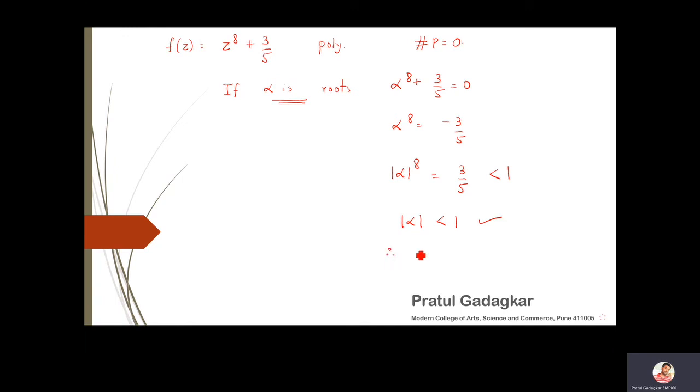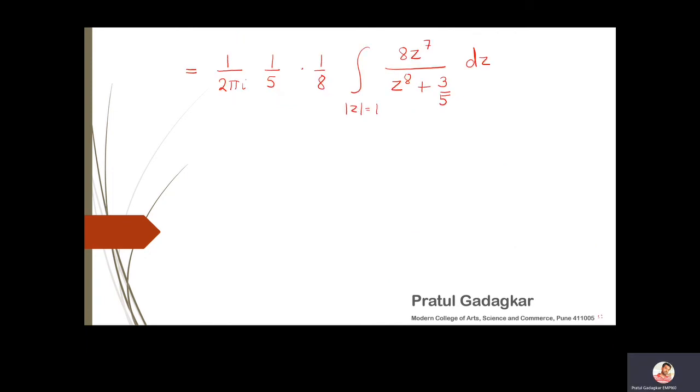So here I'm pretty sure that all roots are inside the circle mod z equal to 1. So this means that the number of zeros inside the circle mod z equal to 1 will be equal to how much? This will be equal to 8. So I will use this in the integration now.